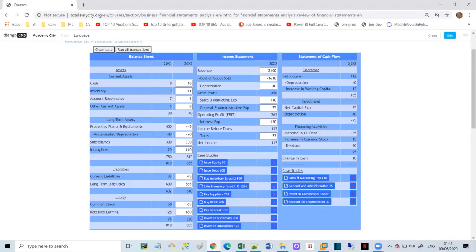That's really the way you'll usually see it in real life. You'll have the beginning balance sheet, which is the end of last year, the balance sheet for the end of this year, and the income statement of this year. Then you have the statement of cash flow, which is really derived from those. Let's look at it, okay?